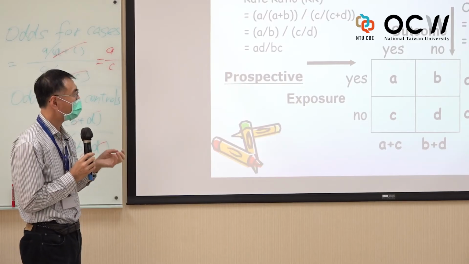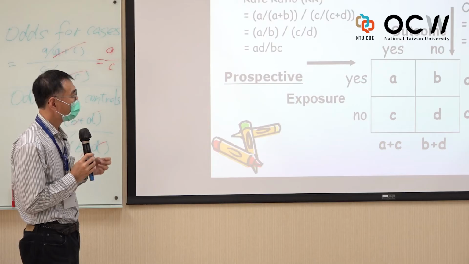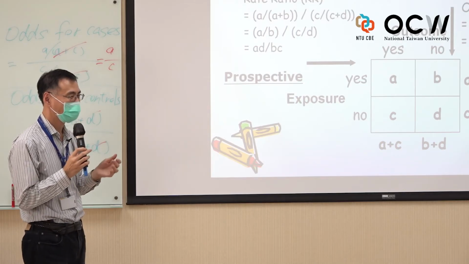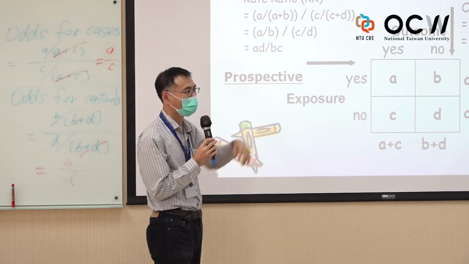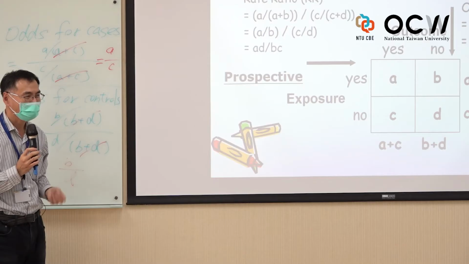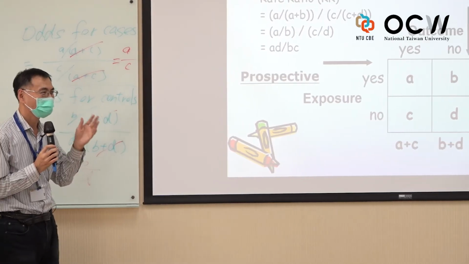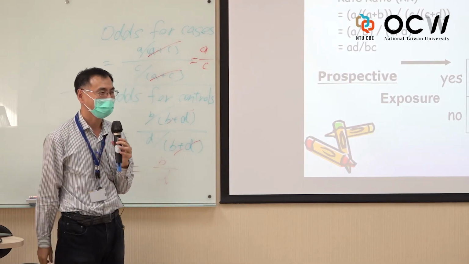So with the idea of the odds ratio, he was the one who built the bridge to make them the same, AD over BC, AD over BC. Very straightforward, in a single indicator, for people to understand what's going on here, no matter what kind of study design.